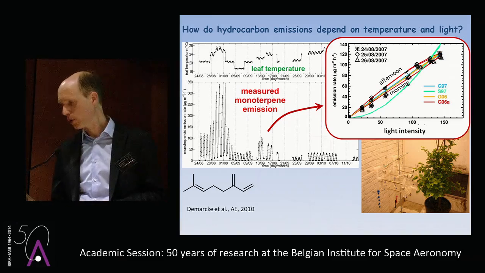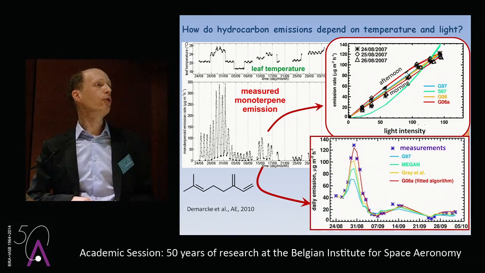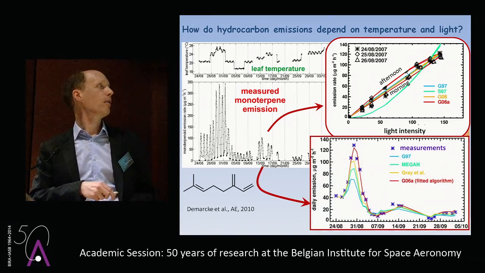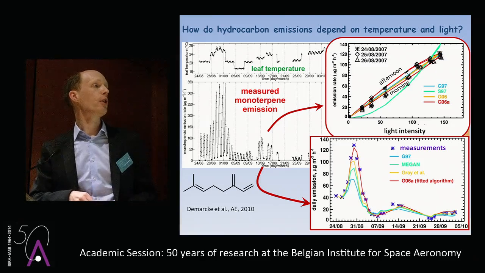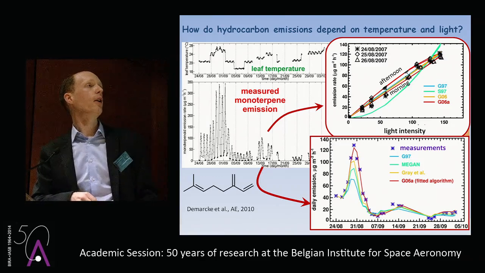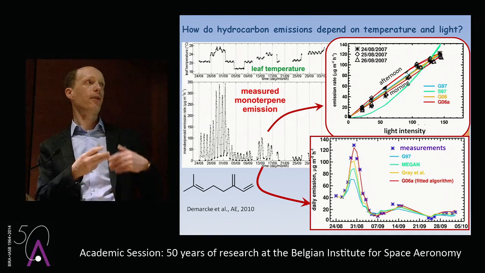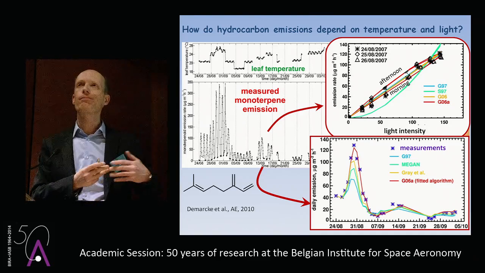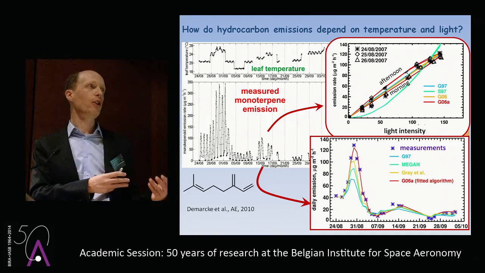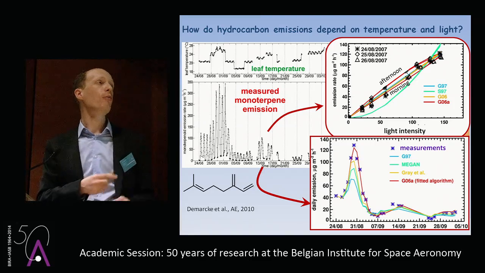We see that also in the long-term evolution of the emissions. That's again the daily emissions as a function of time. So those are the measurements, the daily average emissions, and again, different models, and only the model which is fitted to the measurements by assuming that there is an influence of the past condition, the past temperature, can reproduce the measurements.